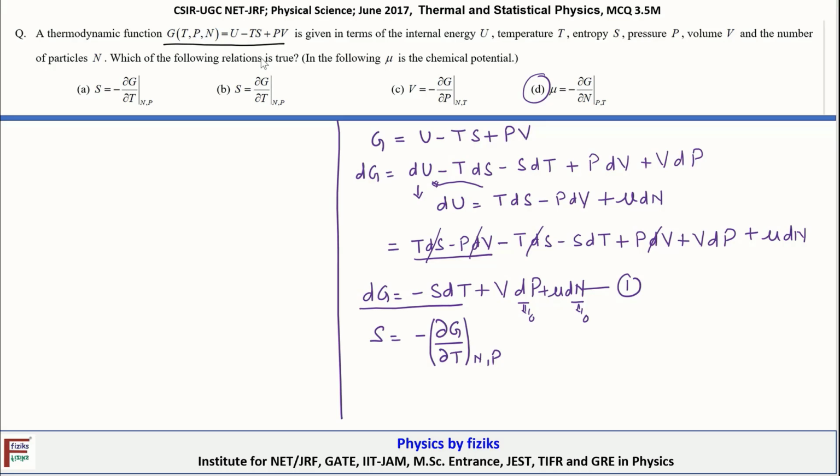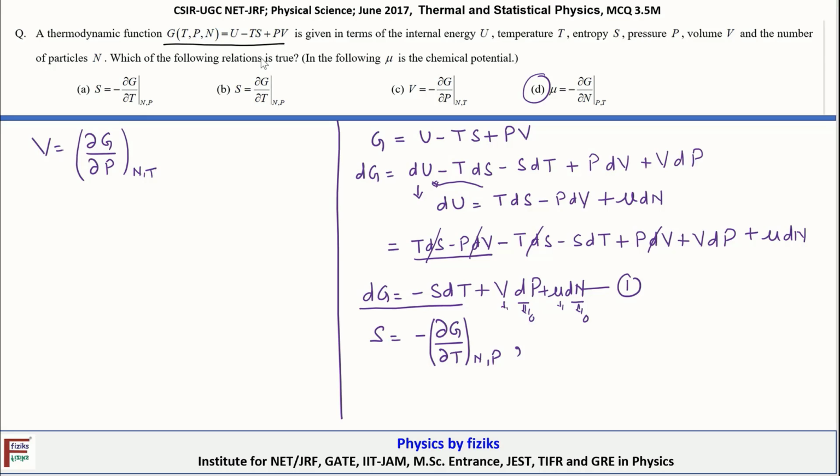Okay, so S will be simply minus dG by dT. Similarly we can obtain the expression for the volume and the chemical potential. From equation 1, volume will be dG by dP by keeping T and N constant.